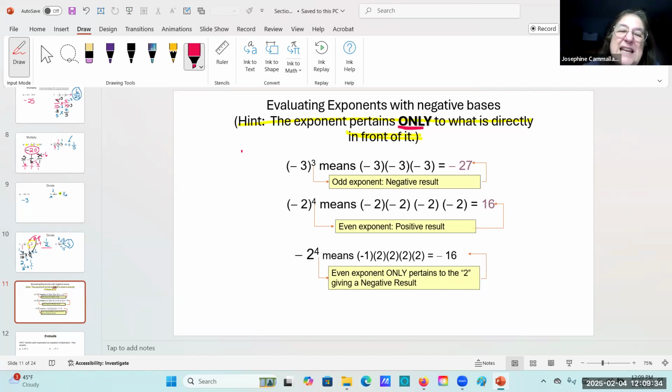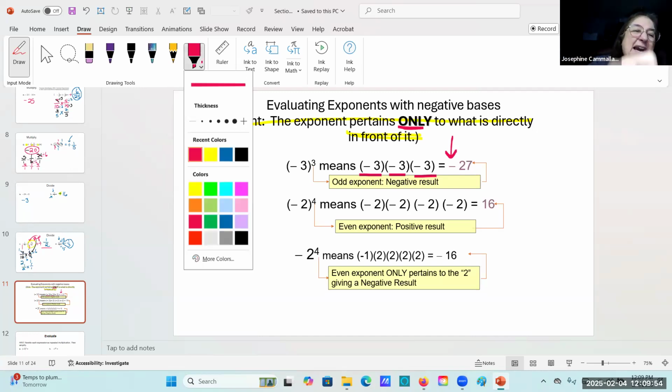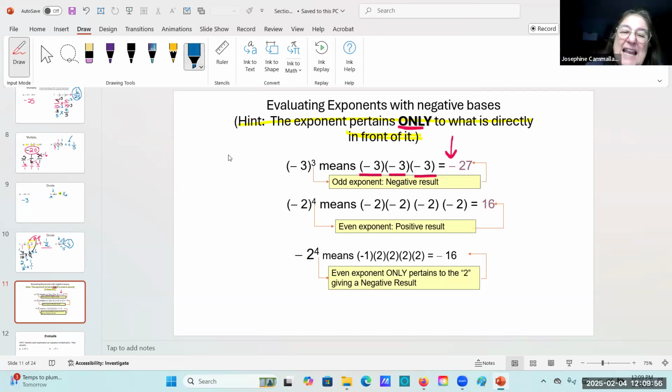This 3 is saying I'm writing 3 parentheses with -3, which means I have an odd exponent. My answer is negative, but it's 3 times 3 times 3. Now, I have an even number. I have 1, 2, 3, 4. This is giving me a positive 16.